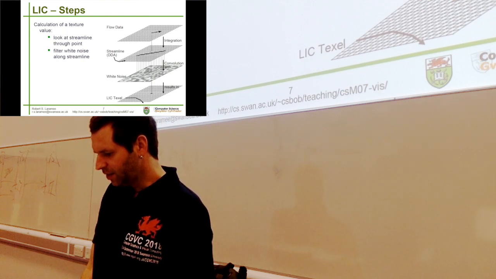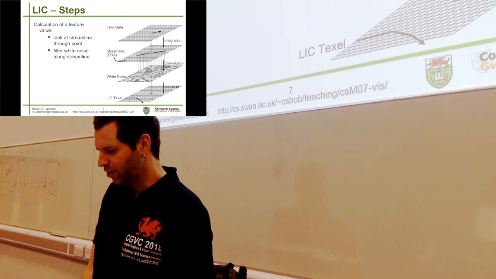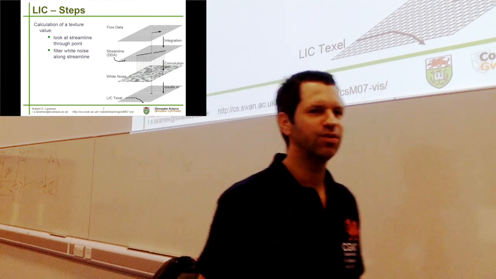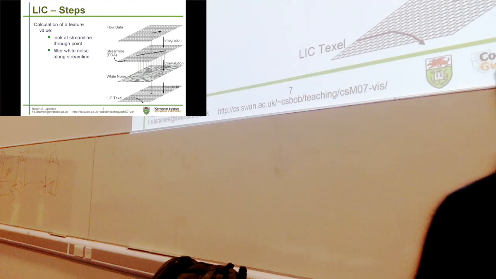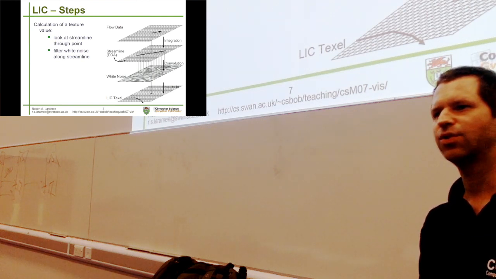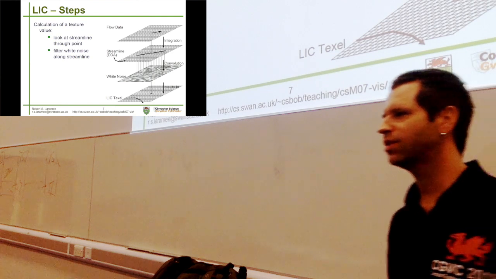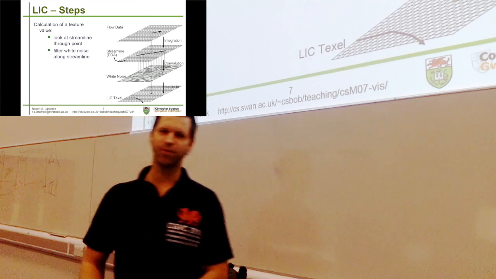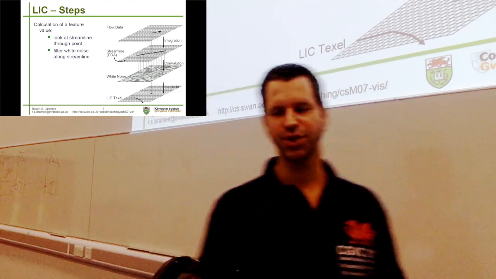And this is showing the same thing, but now there's an integration. There's a forward integration and a backward integration. Remember, we computed streamlines using numerical integration. Was that 1 week ago or 2 weeks? It's two weeks ago, I think. Yeah, 2 weeks ago. We computed streamlines using forward integration and backward integration.